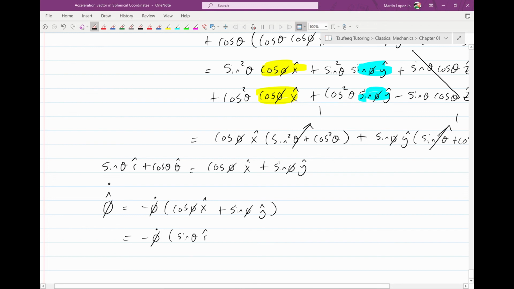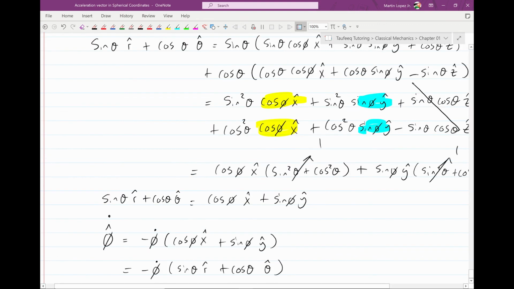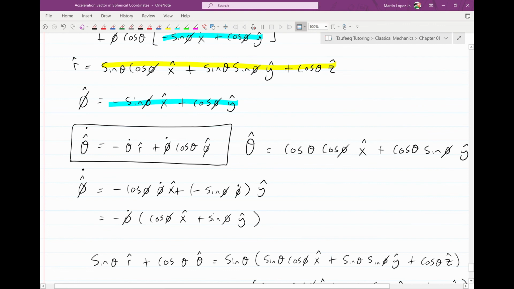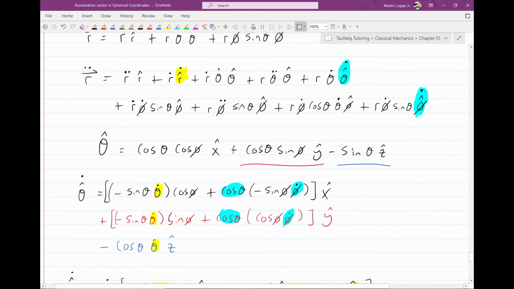So this will end up being negative phi dot times sine theta r hat plus cosine theta theta hat. Wonderful. So now we have r hat dot, we have theta hat dot, and we have phi hat dot. You should have all of those. Okay?